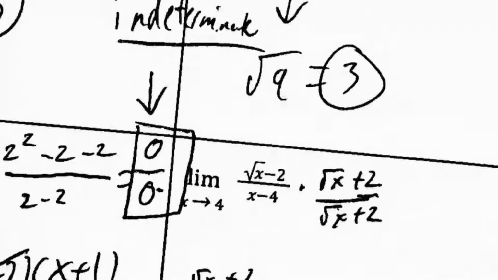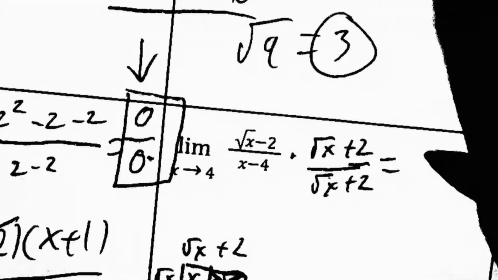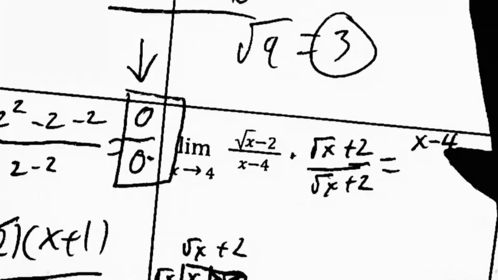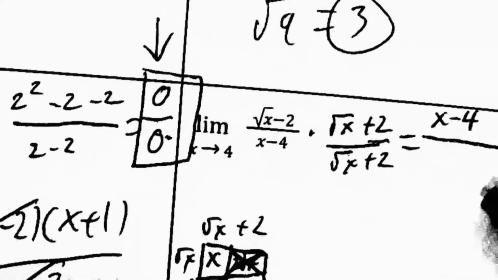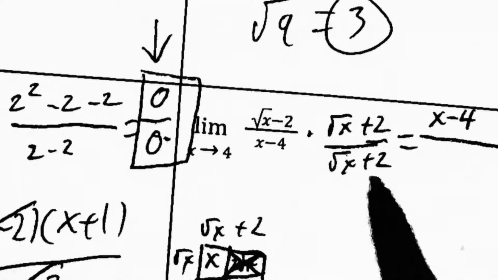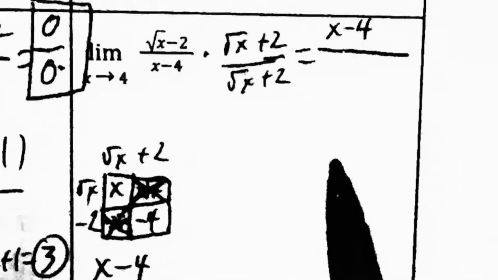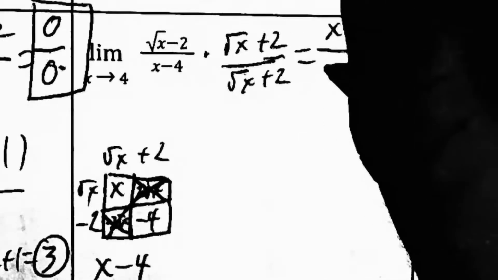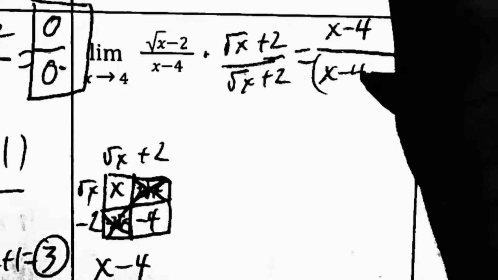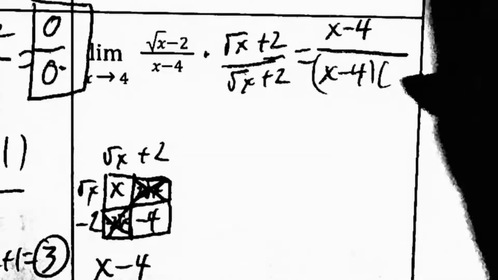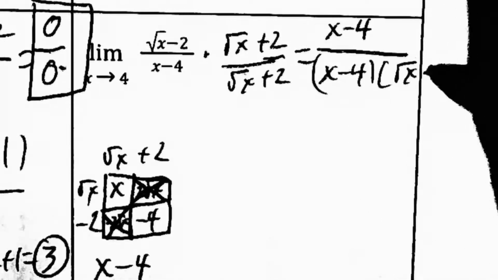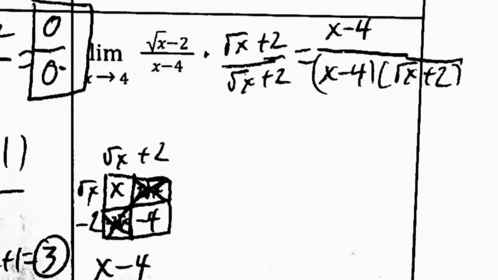So back up here, this equals x minus 4 over, and I'm not going to multiply these two together, I'm going to leave them as they are, x minus 4 times root x plus 2. Now, can I cancel?